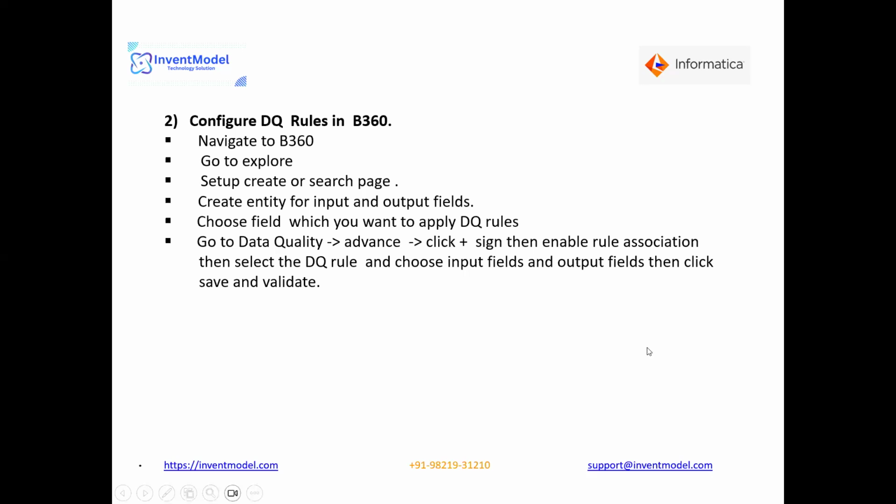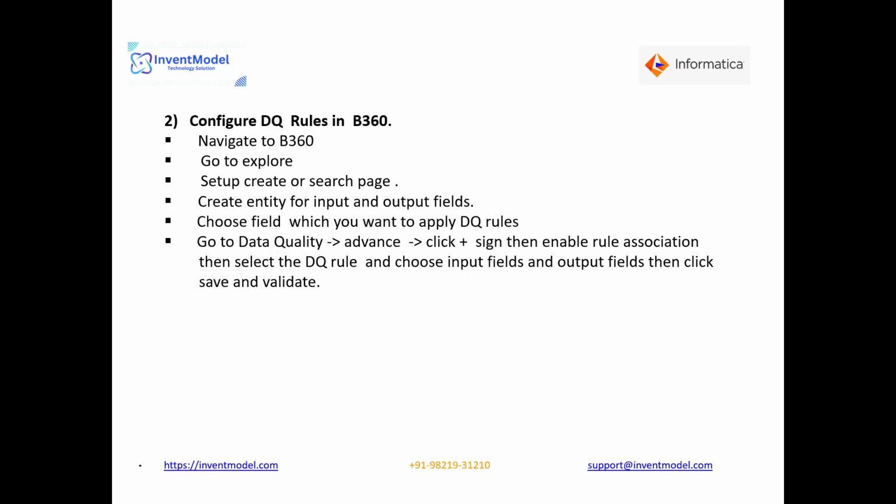So choose that field, and then we can go to the data quality and then advanced. Now we can click on the plus sign to associate the previously created DQ rules. For that, we can enable the rule association and then choose that DQ rule.